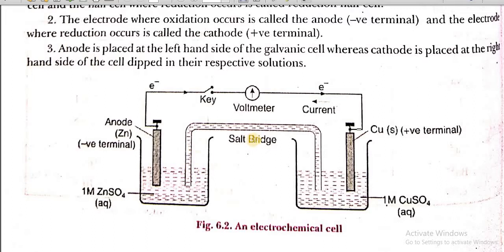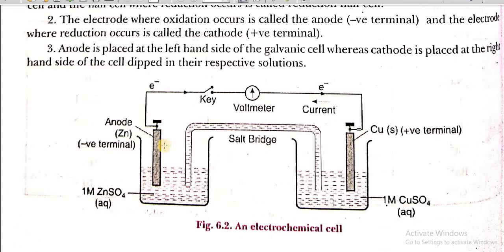The function of the salt bridge is to complete the circuit of this electrochemical cell, and also to maintain the neutrality of ions. Through the salt bridge, only the ions can pass through it. That is the function of the salt bridge.